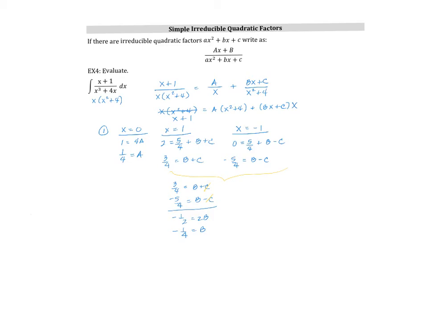It really doesn't matter which one I substitute it into. But once I do, I'll get that c is equal to 1. So let's go back to our original expression when we broke it up. We found that a is equal to 1/4, b is equal to -1/4, and c is equal to 1. Okay? So this is how our integral is going to break up.